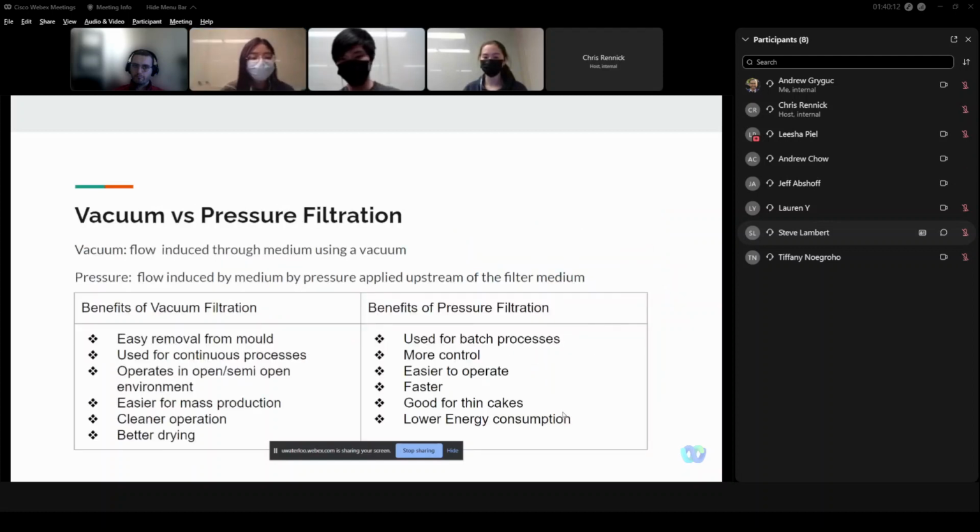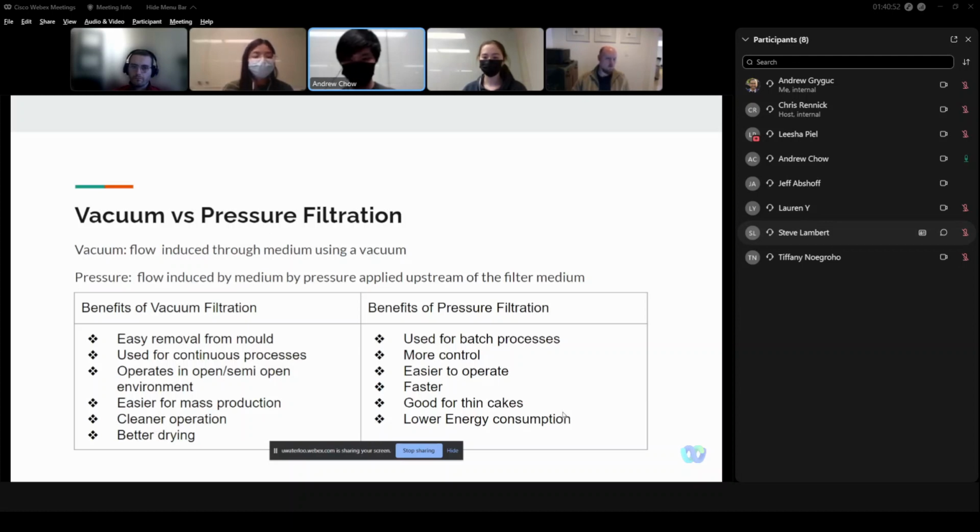So looking at pressure filtration, we have investigated standard pulp molding processes. Vacuum filtration uses a vacuum through the filter membrane, whereas pressure-driven filtration uses applied pressure upstream of the filter.